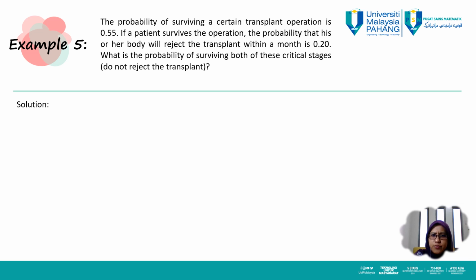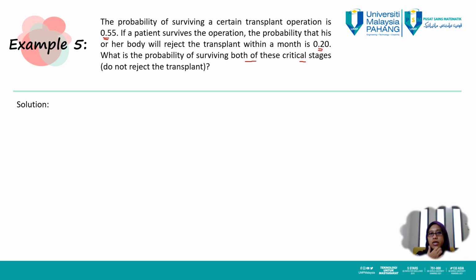How about this example? Okay, so the probability of surviving a certain transplant operation is 0.55. If a patient survives the operation, the probability that his or her body will reject the transplant within a month is 0.2. What is the probability of surviving both of these critical stages? That means do not reject the transplant.